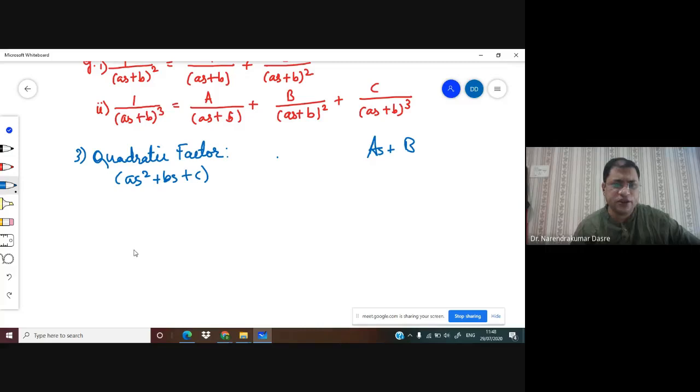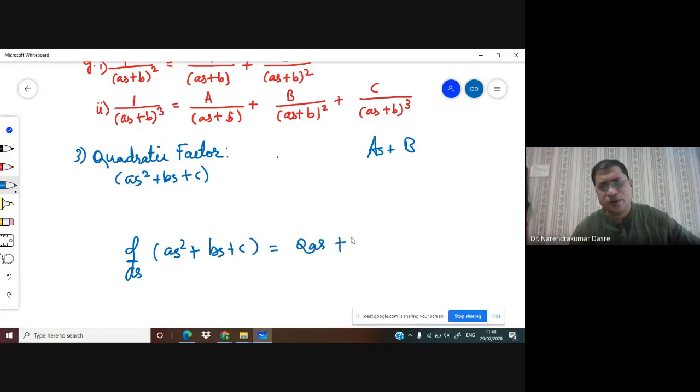So the derivative d/ds of (as² + bs + c) is 2as + b. Okay, and that's what I am taking as as, and this will be b. So this is how we can have the numerator for the factor.